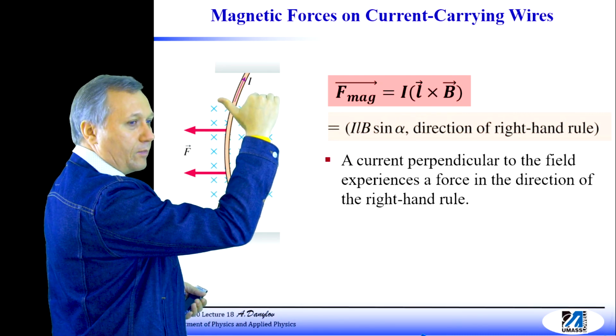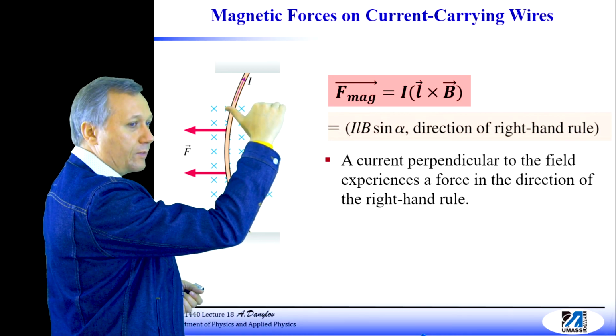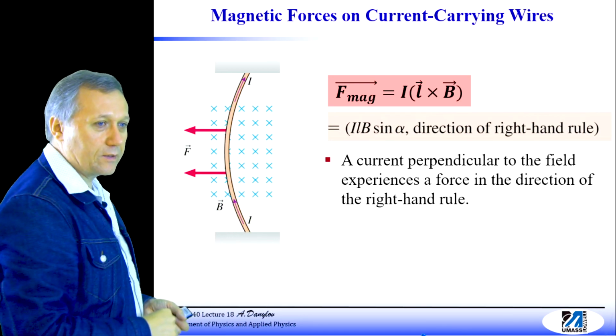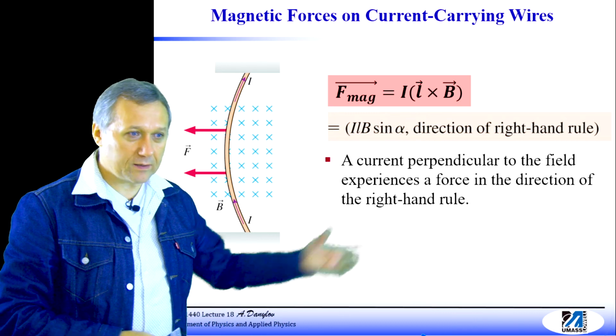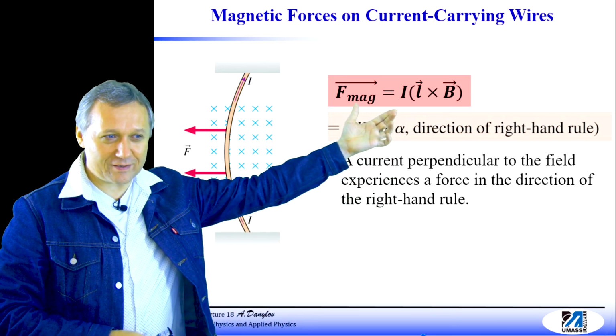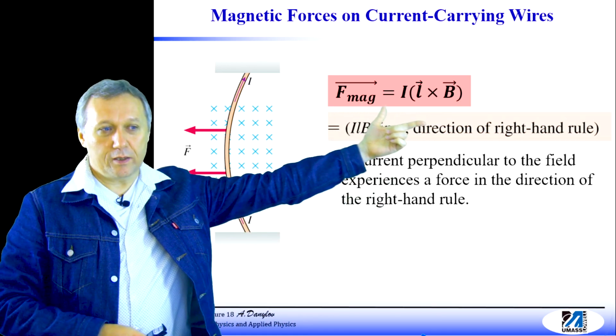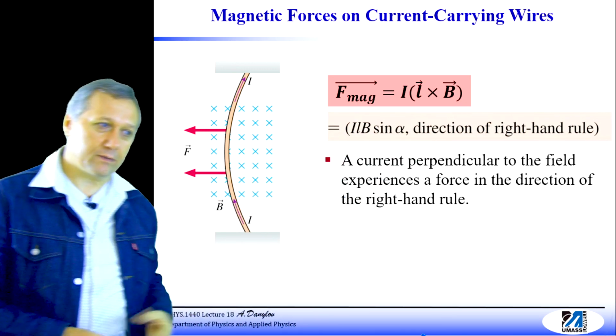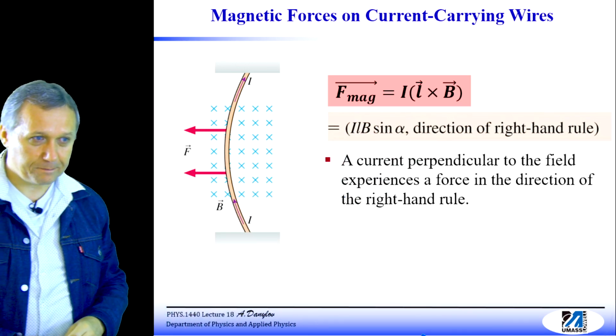And as a result, my thumb gives me the correct direction of the magnetic force. Magnetic force is this way, right? And again, in this case, current cannot be negative. This is just the absolute value of the current, so direction of L cross B actually gives us direction of the magnetic force immediately.